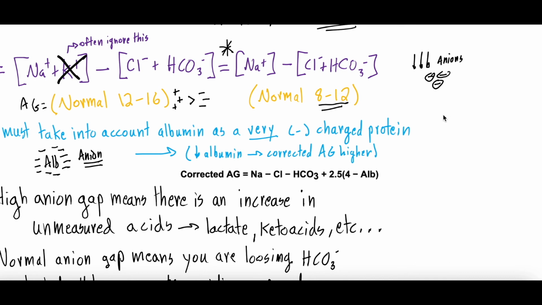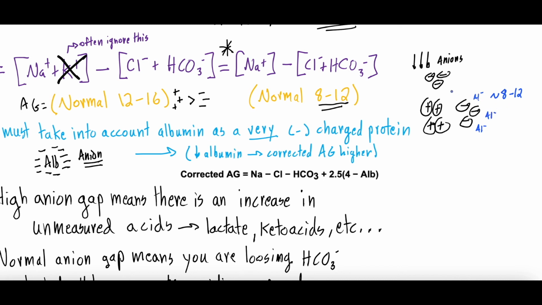If we think about that in drawing form, if a normal anion gap assumes the albumin concentration is normal, and you have a normal anion gap but a low albumin, what's actually going on is something has taken the place of albumin, right? So let's say we have a normal anion gap, 4 positives, we'll say 3 negatives, just for the sake of this drawing, to make a normal anion gap of about 8 to 12. But that is with all this albumin that's negative floating around, right?